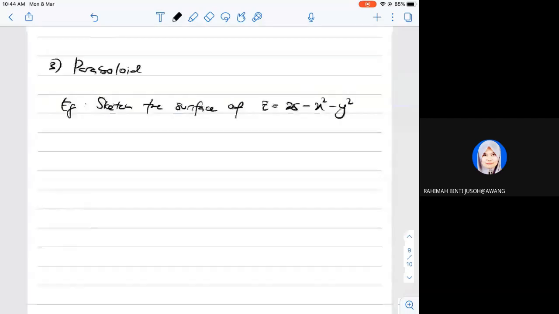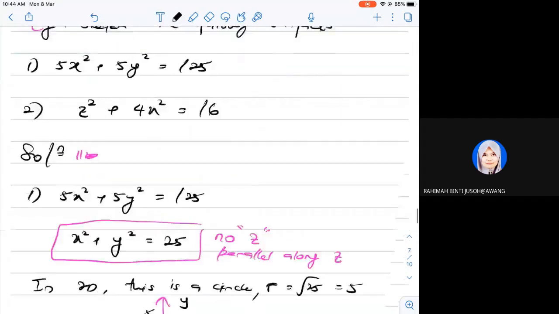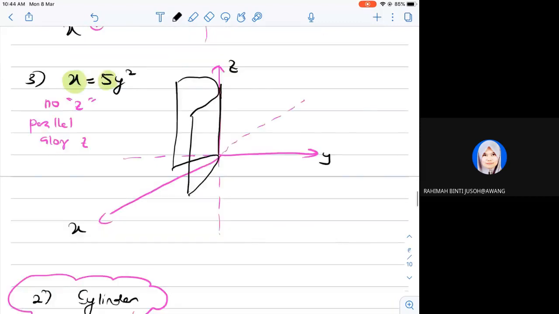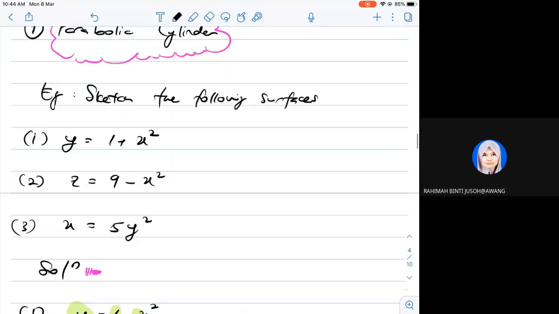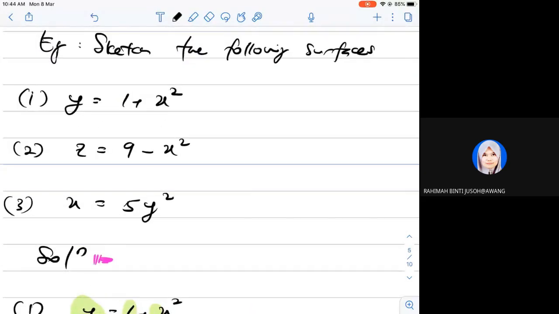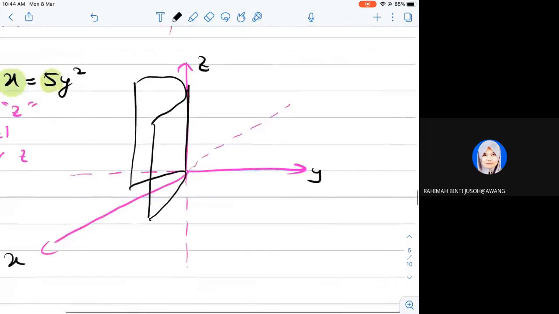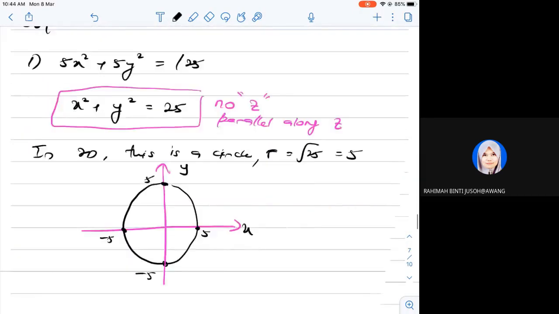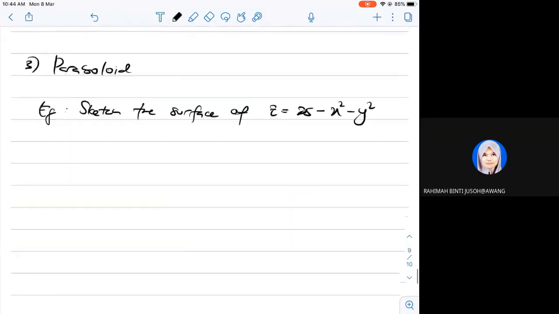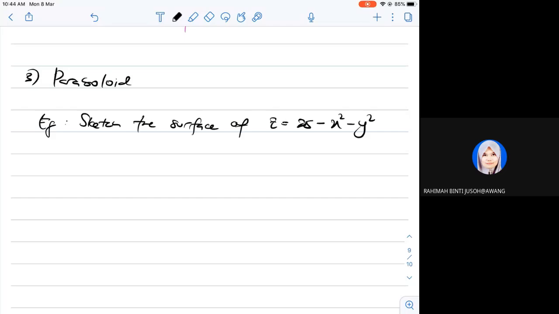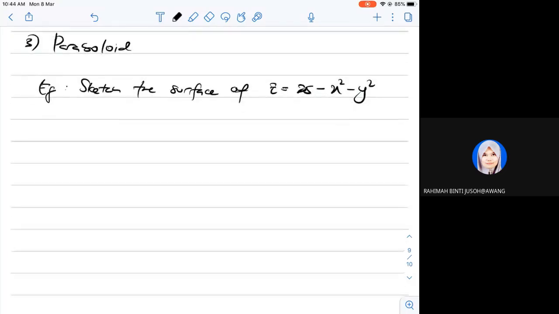Kalau tadi parabolic cylinder, kita hanya ada 2 variables. Kita tengok soalan dia. Dia ada 2 variables tu, sama ada y dengan x ke, ataupun z dengan x ke, ataupun x dengan y. Tapi kalau kes paraboloid, we will have all variables in our equation. Okay, and then now, okay, step by step.